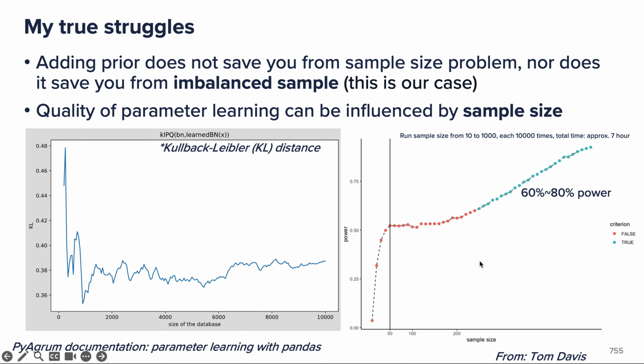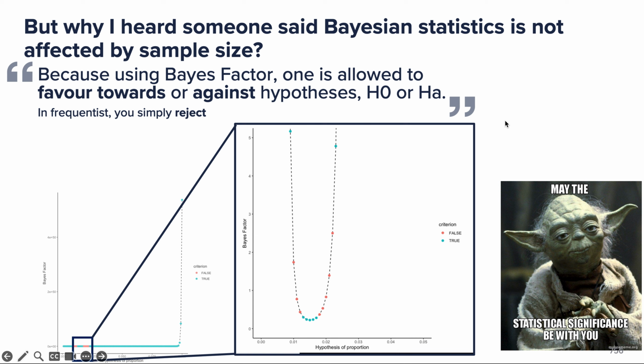So with sample size, what you can do is to utilize the Bayes factor, which I will talk about here. Some people say Bayesian statistics is not affected by sample size. Well, indeed, it does. But there will be situations where it doesn't, because the Bayes factor allows us to judge whether we should be going in favor of or against the null hypothesis.